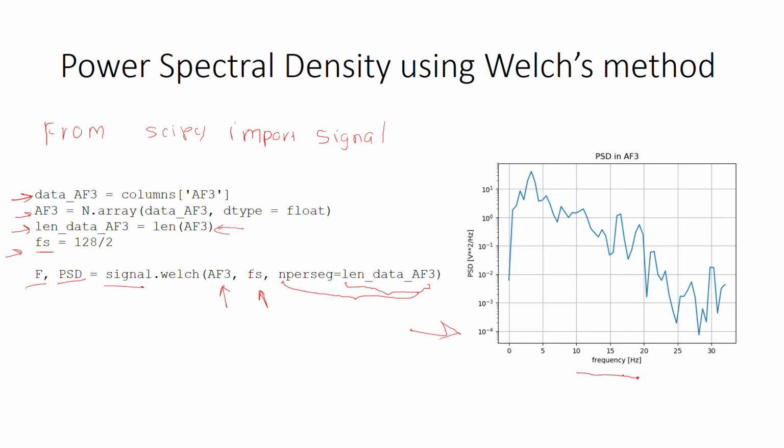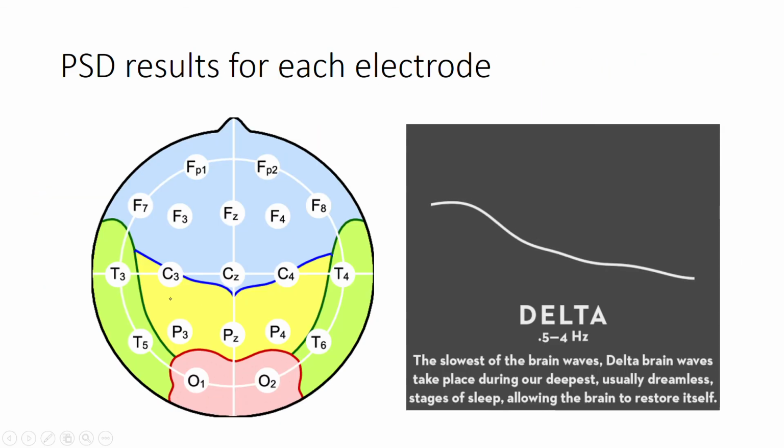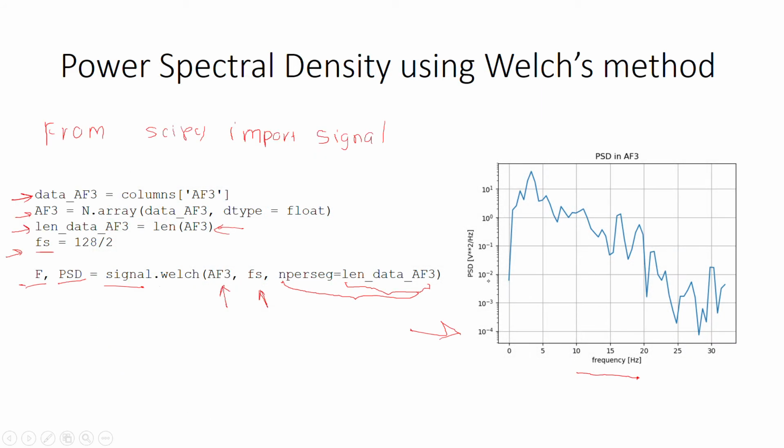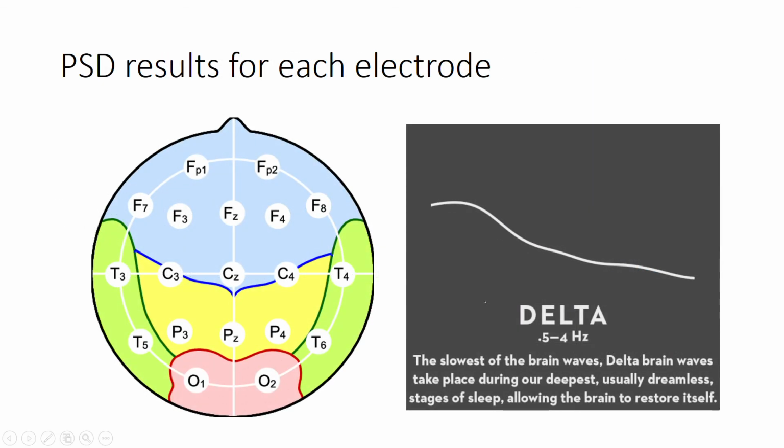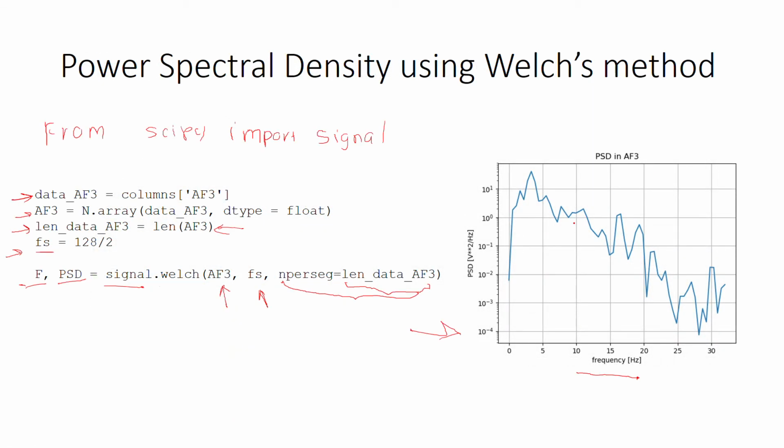You can plot frequency versus power spectrum density, and that will give you the power. From 0 to 5 hertz, you have the highest power. Notice that this is the delta frequency band, and then you have 5 to 12 hertz, which is the theta frequency band.